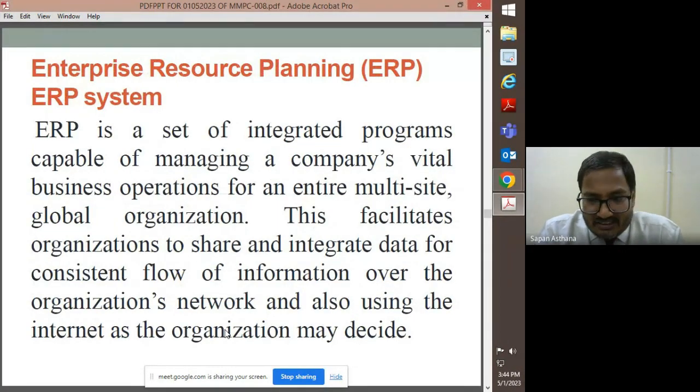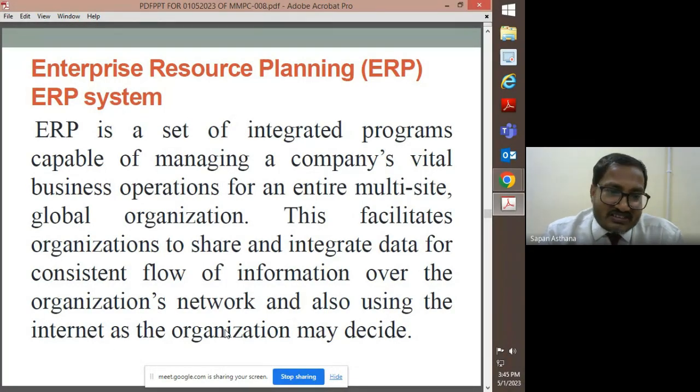Enterprise resource planning, ERP, ERP system. This is also very important. Many organizations are using the ERP. It means how they are going to use their resources. ERP is a set of integrated programs capable of managing a company's vital business operations for an entire multi-site global organization.